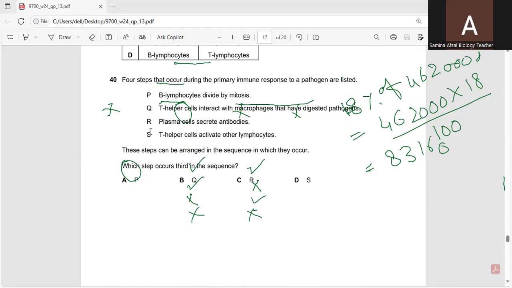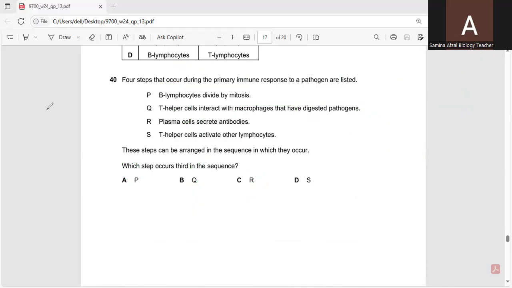Moving towards the last question. Four steps that occur during the primary immune response to a pathogen are listed. So they have given us the four statements of the primary immune response to a pathogen.